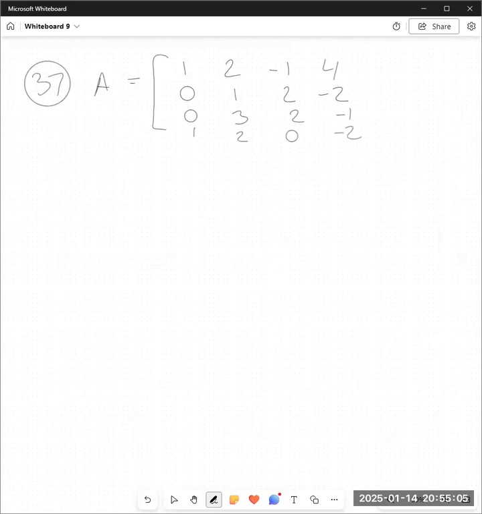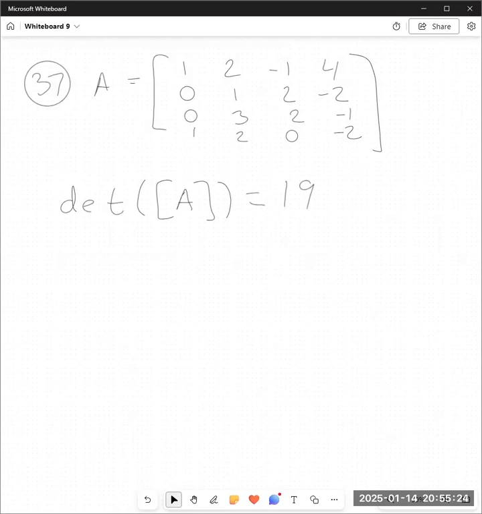And you're going to want to find the determinant, DET, of matrix A, and the calculator is going to tell you that that is 19.